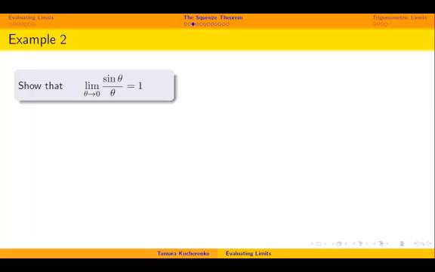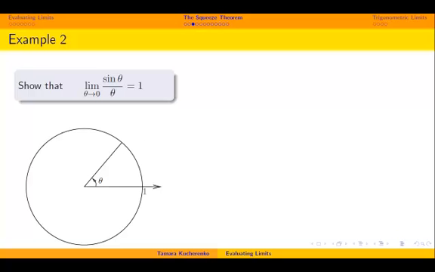Now we can prove it using the squeeze theorem. To do so, we must find functions which squeeze sine theta over theta near theta equals 0. These are provided by the following geometric argument.